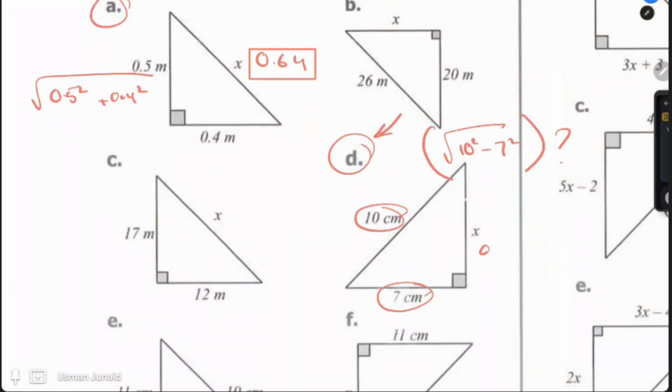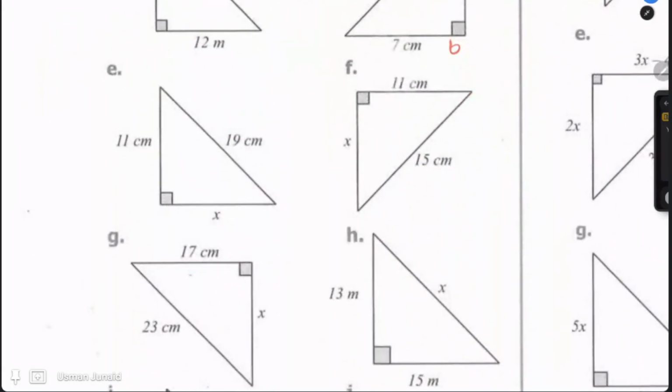This is A, this is B, this is C. So x squared plus 7 squared is equal to 10 squared. Yes? It's 7.14. Yes, it's 7.14. Okay. Try E and try H.